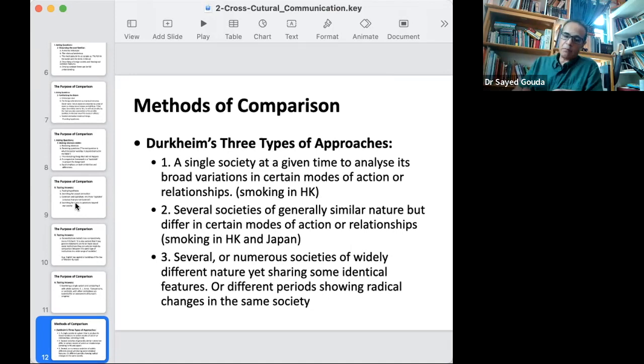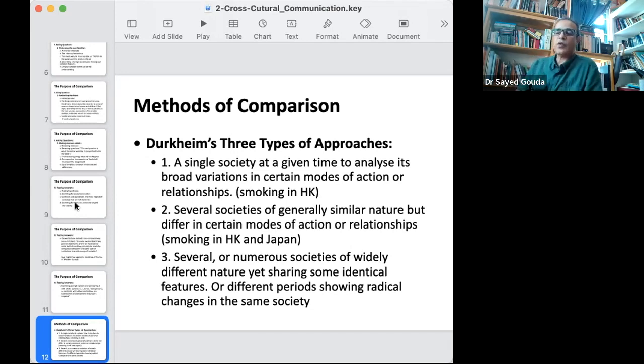They are similar in many things: they are both Asian, they are both metropolitan cities and so on, but they are still different in many other ways. Another approach is to compare two societies. We select one phenomenon, for example, and compare this phenomenon in one society and the same phenomenon in another society.